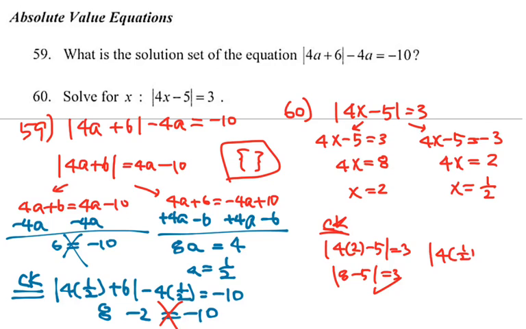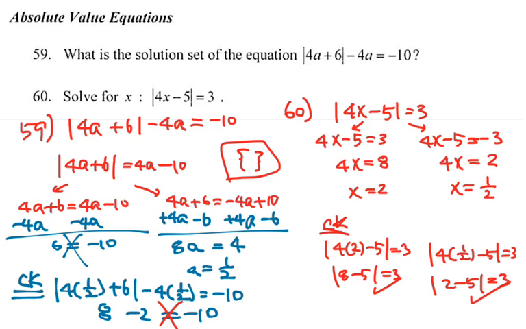Then 4 times 1/2 is equal to 2. So 2 minus 5 is equal to negative 3. But the thing is, because of the absolute value, negative 3 becomes positive 3, which is equal to 3. Alright, so we finished number 60 as well.